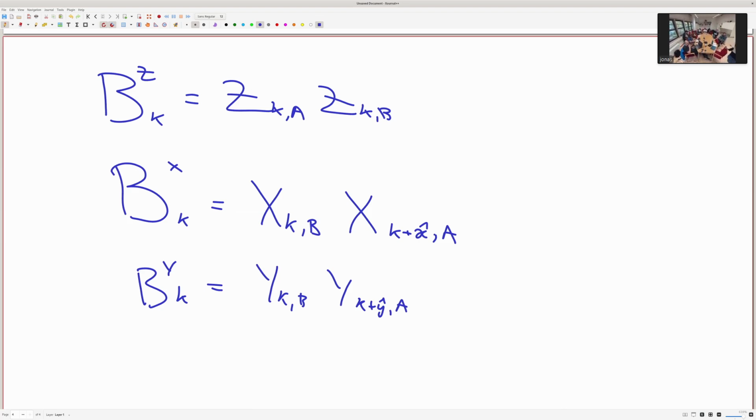Now, my claim is that these operators can be mapped naturally to fermionic operators in the following way. I do this mapping.